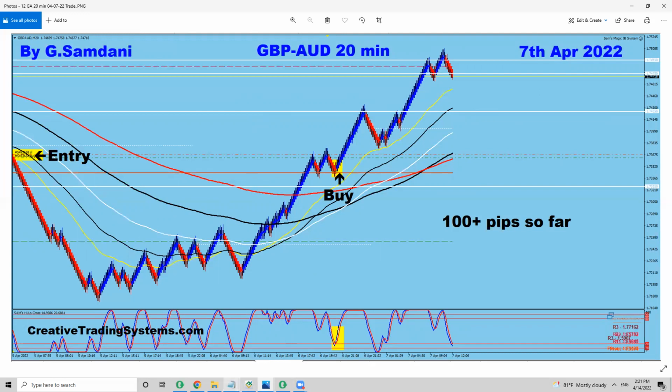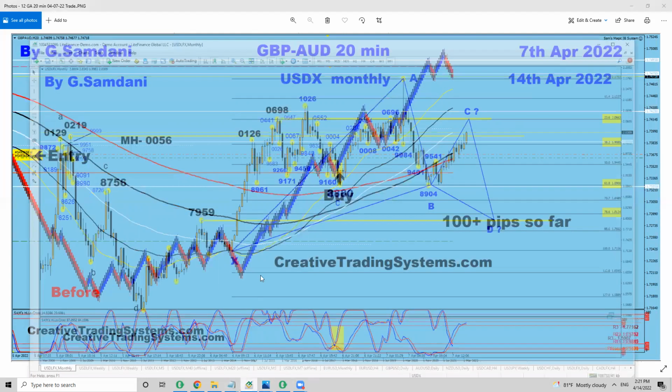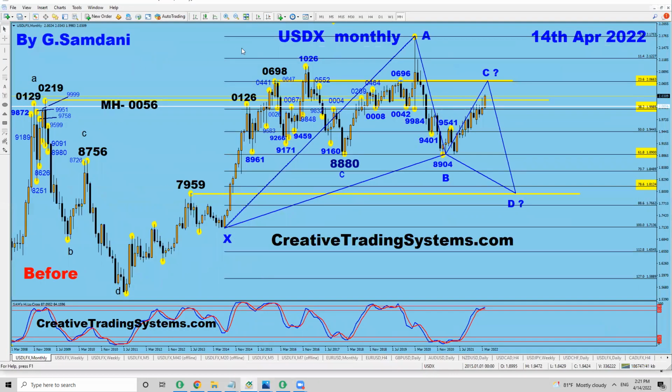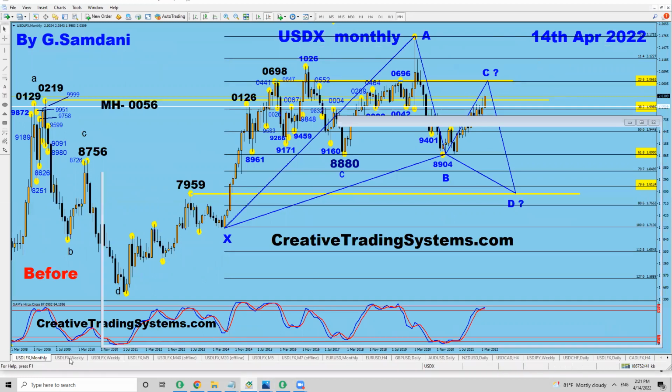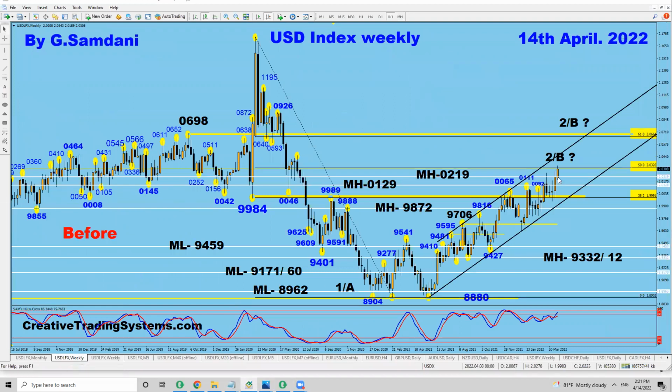And let me just give you the USD outlook setup here. This is what I'm expecting. This is a weekly chart, right here at 50%.